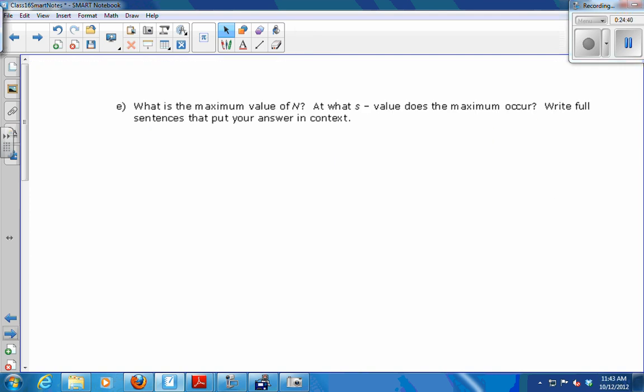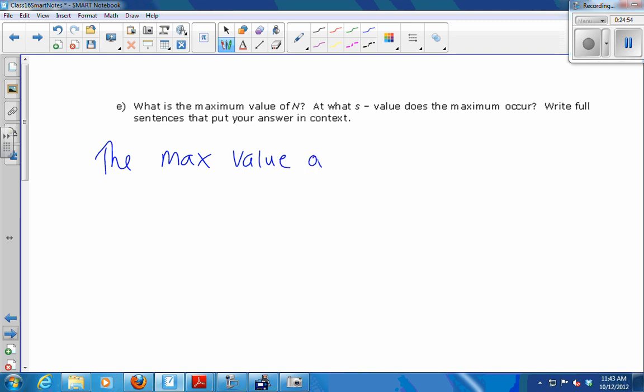What is the maximum value of N? 49. The maximum value of N is 49. At what S values does that maximum occur? 19.